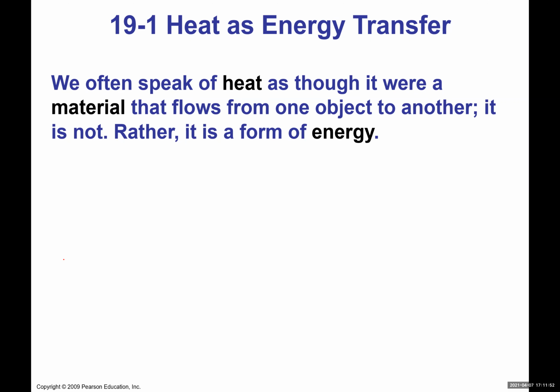So there's a direction of this motion of the substance. We can't see that substance, but the object is changing temperature because of either losing or gaining that substance. Obviously that was not entirely accurate.